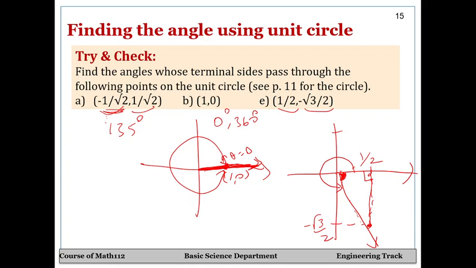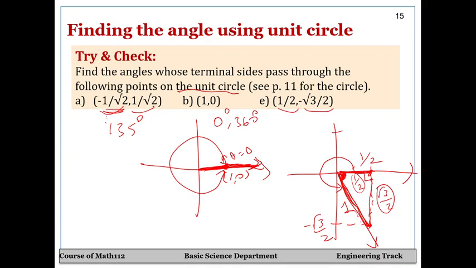We have 1/2 here, and this is √3/2. When you calculate the hypotenuse, let's say h, since it's the unit circle, it has to be 1, because it's given in the question, or you can calculate it, it's just 1. Now this ratio, the adjacent side divided by the hypotenuse, is 1/2.